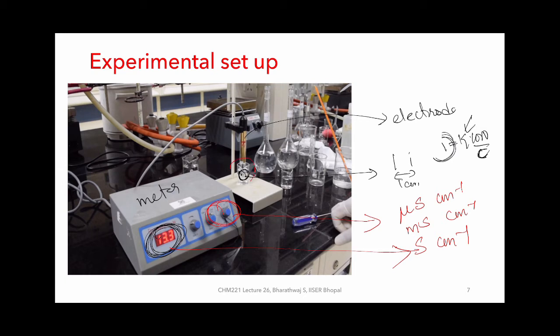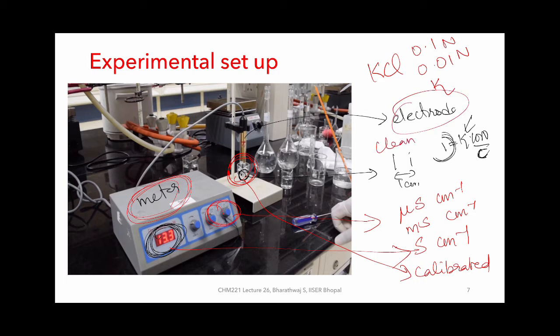Of course, to start with, the setup has to be calibrated, meaning that people generally use KCl solutions of known concentrations, for which the specific conductance is known, so that they can calibrate the meter and the electrode in order to ensure all of the measurements are reliable. Once having done that, for repeated measurements, one also has to clean the electrode very carefully and then repeat the measurements with different concentrations of solution. Therefore, one ends up getting equivalent conductance as a function of concentration.